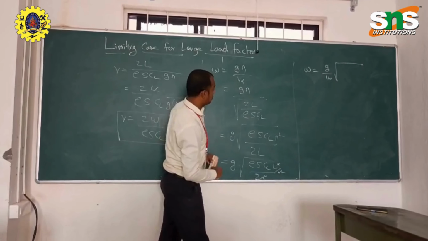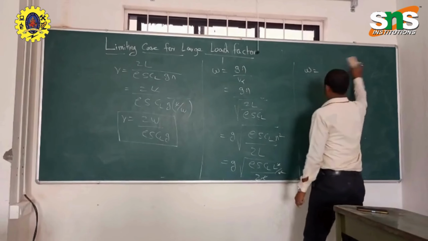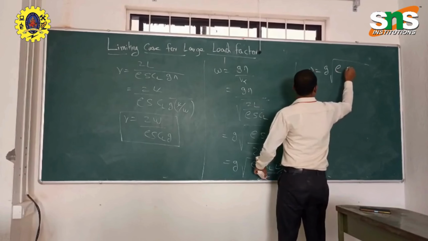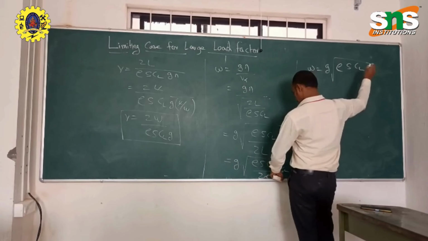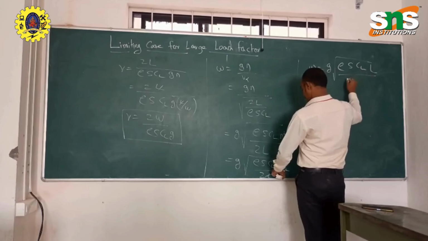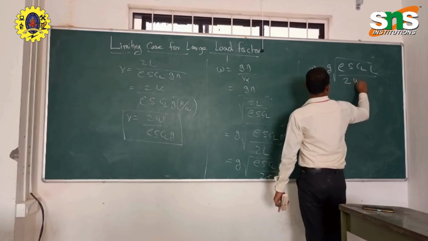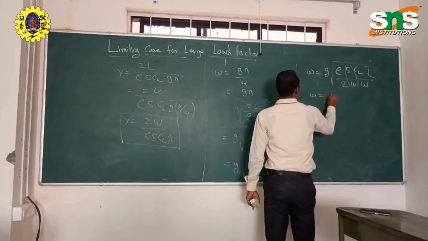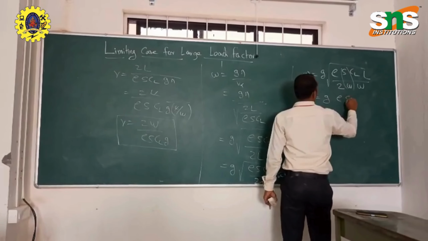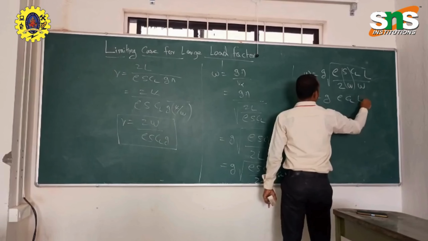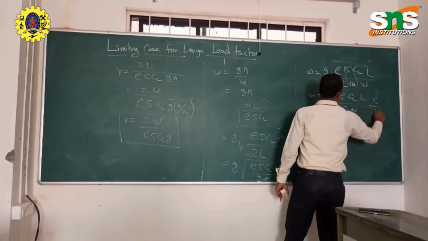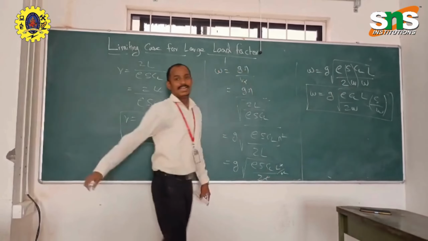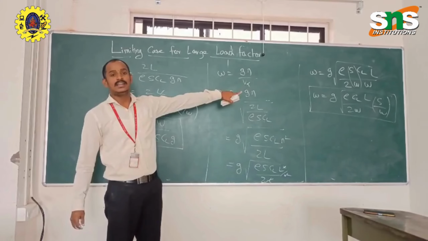Or else we can write it in a different way, by using the wing loading W by S. Omega equals g times root of rho CL, with lift divided by 2W, which is the load factor, times W by S. This is the turn rate in the limiting or large load factor case.